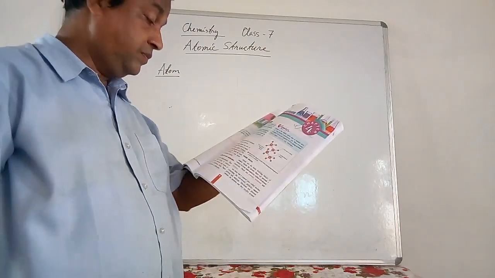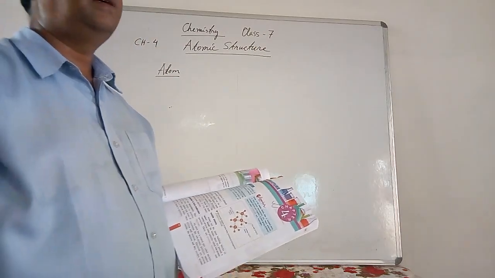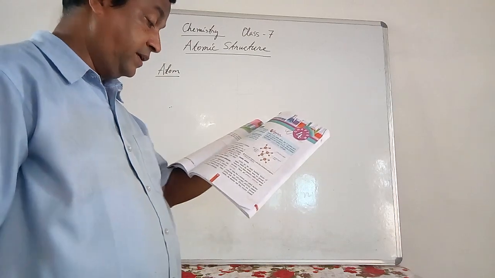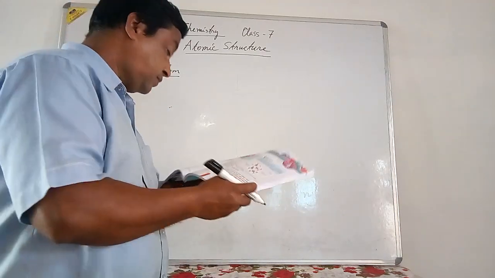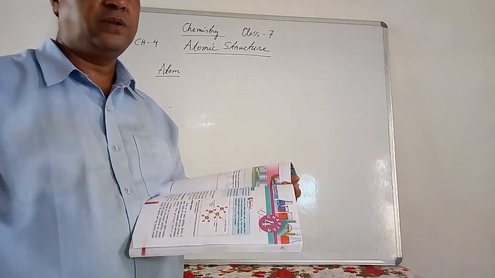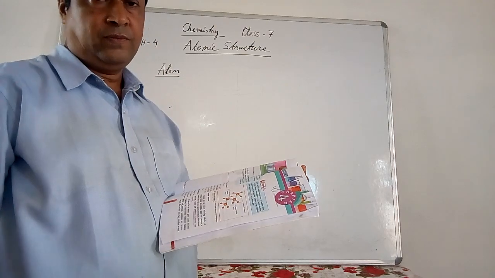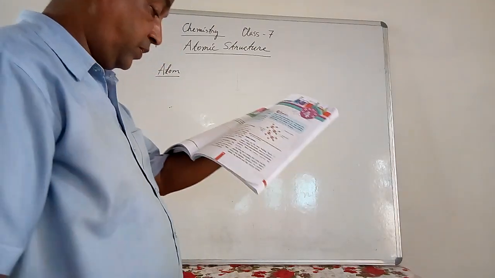In earlier times, an Indian philosopher, Kanad, gave the name Paramanu to the atom. So there is another Indian name for atom, that is Paramanu. Now, atoms react together and form different compounds.